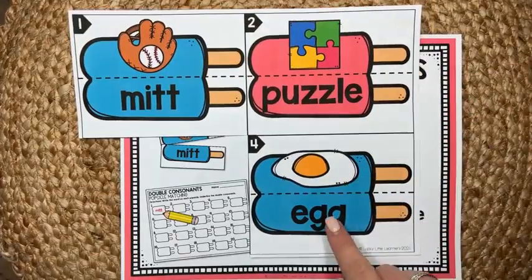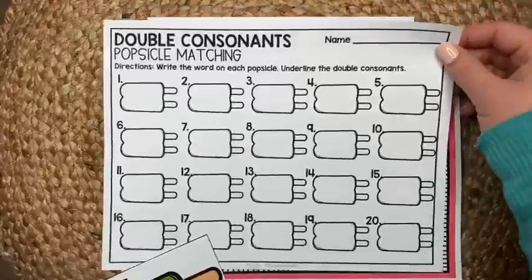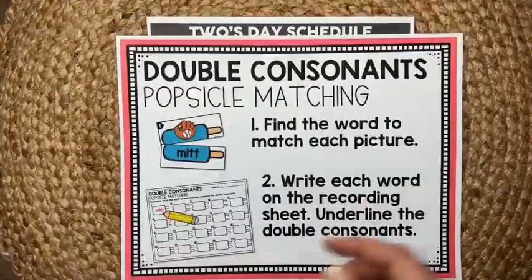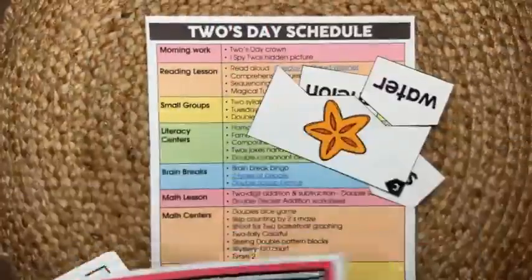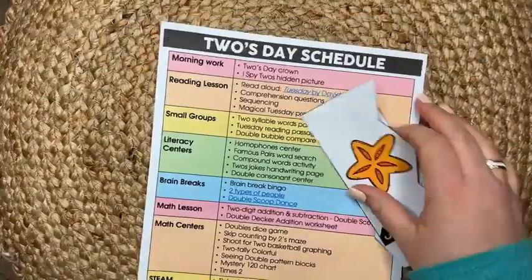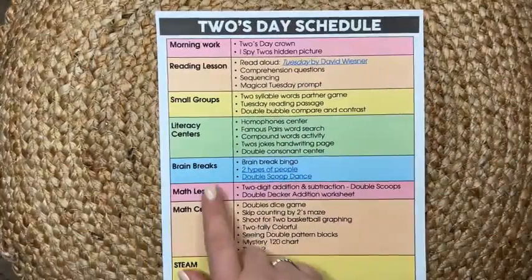They have to match the word to the picture, and then they put it on their recording sheet. Again, practicing the double consonants idea, so working with the word double there. Those are just some examples of some literacy centers for Tuesday.